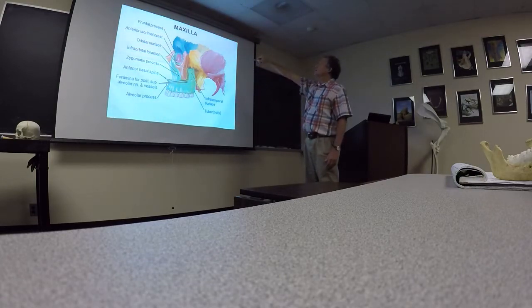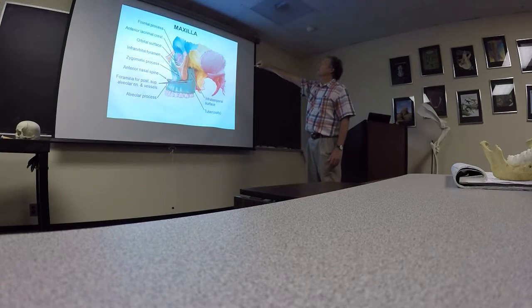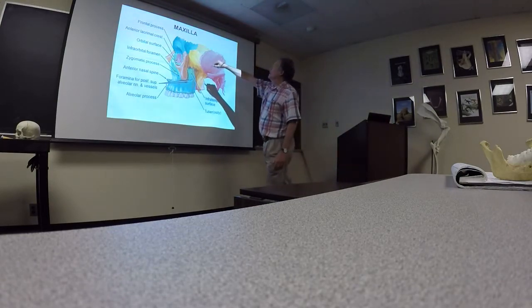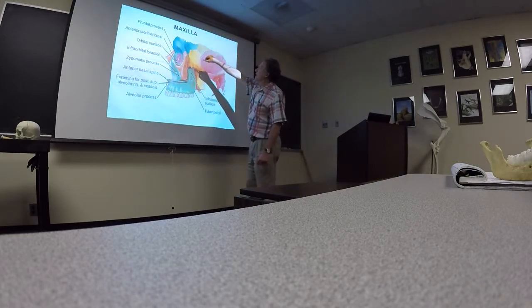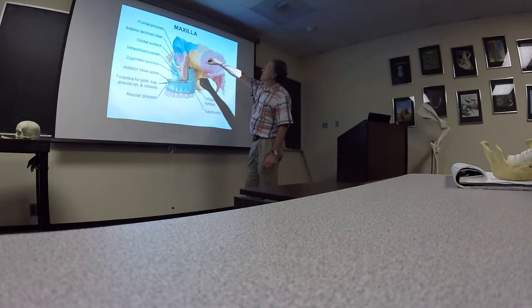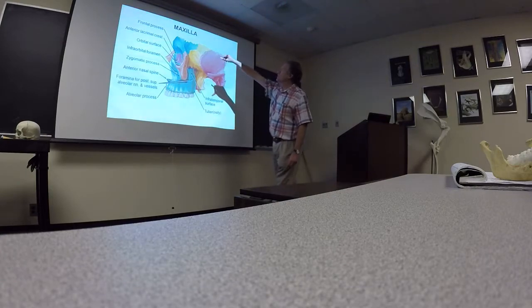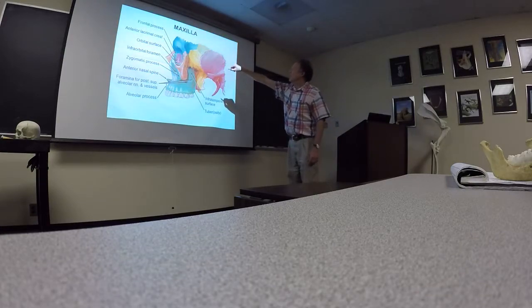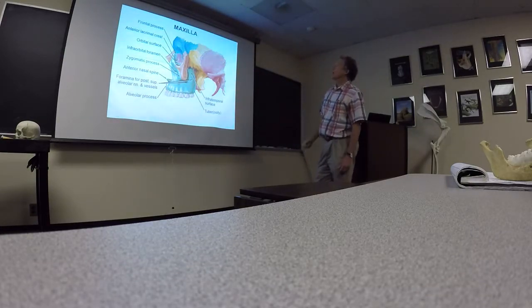Up here there's a fossa, and a tube going down into the nose. This part of the maxilla is the anterior lacrimal crest. It forms a little ridge, and the posterior one is formed by the lacrimal bone, so you have a lacrimal fossa there.